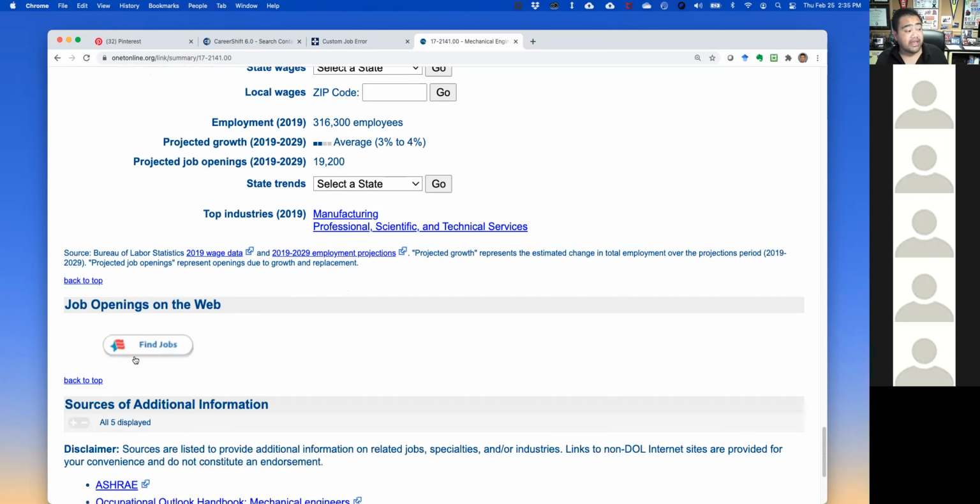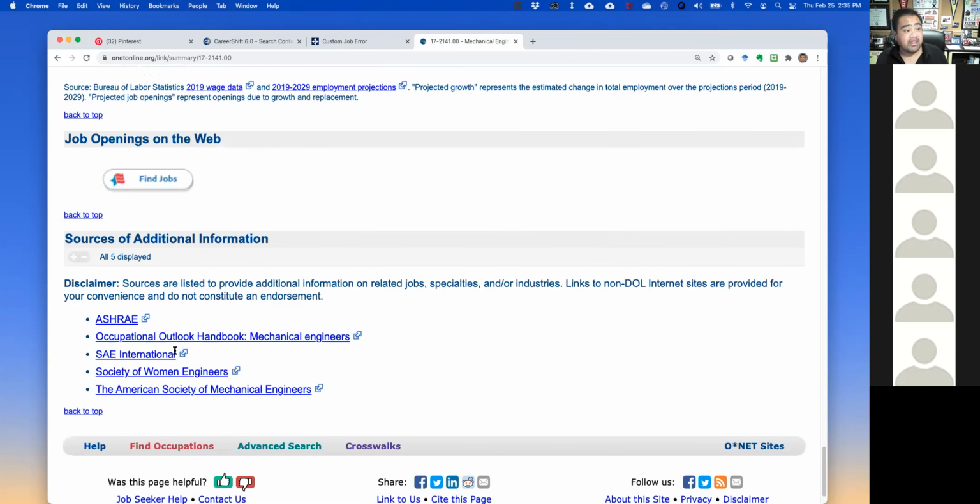There's also a link here to potential jobs. When we think about the different search engines for jobs out there, go to Career Shift. Career Shift is very comprehensive, and it allows you to save your searches, helps you search for companies, and goes directly to company websites.